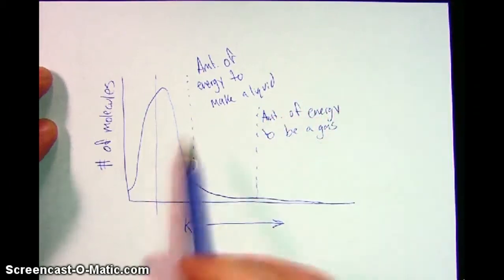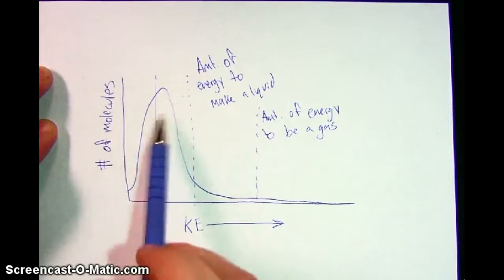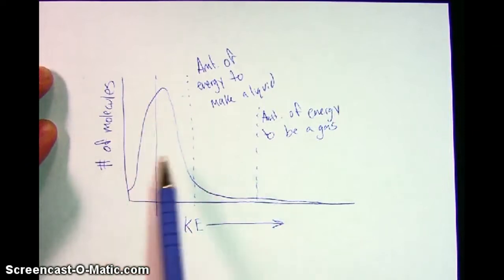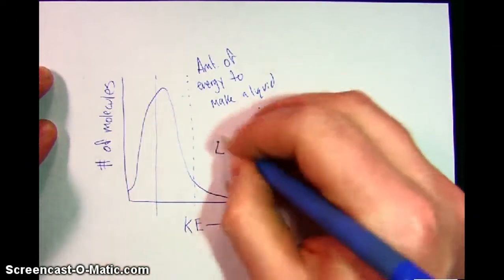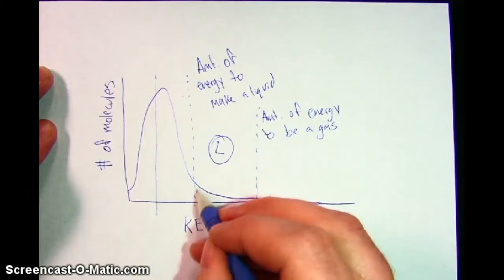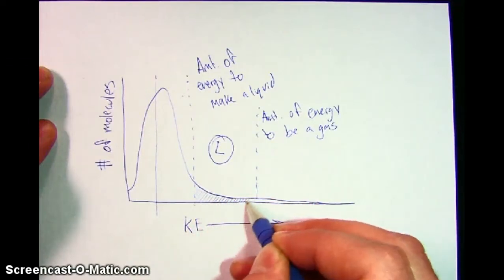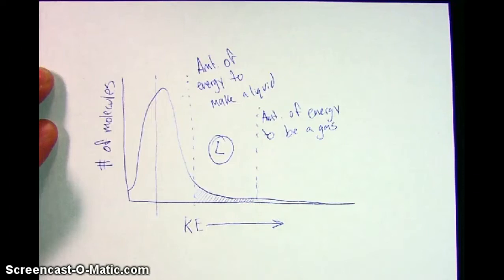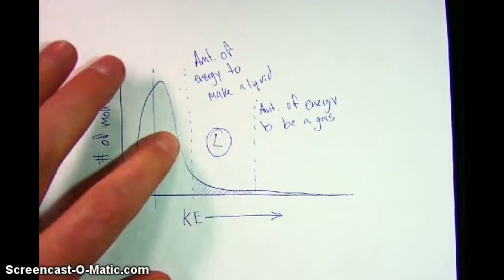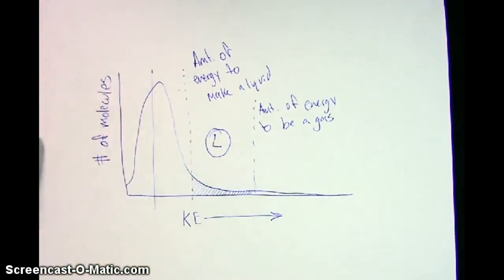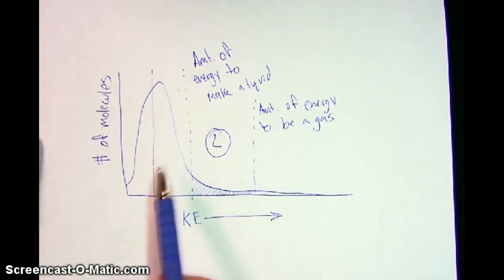Well, most of the molecules are stuck down here with too little energy to be turned into a liquid phase. Some of them are, those are the ones right here, but because a liquid is still pretty compacted, the ones that are able to turn into a liquid are so close to the solid that they'll probably be turned right back into a solid shortly thereafter, and you probably wouldn't even notice a change.